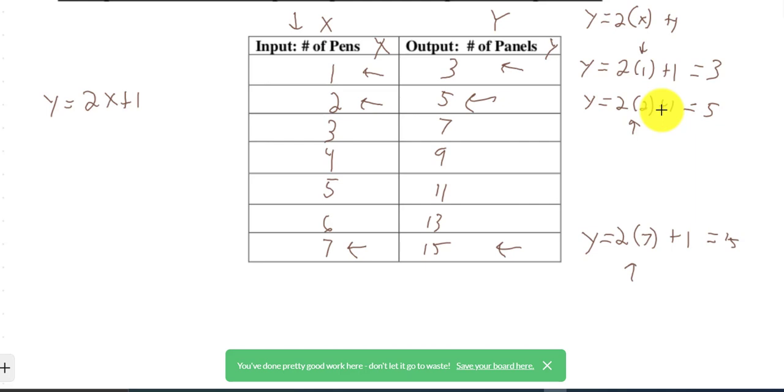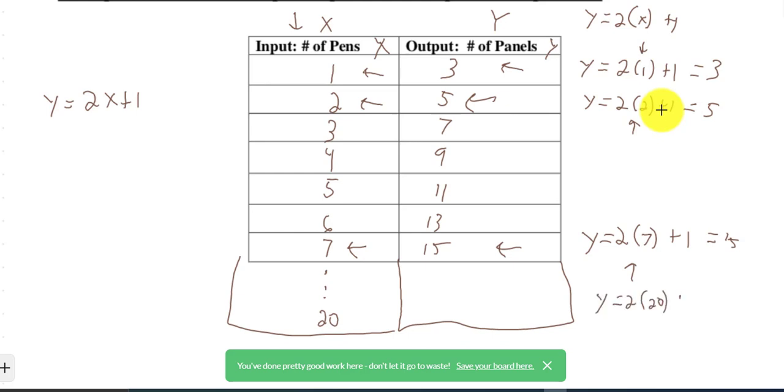What would my value be for the number of panels? I would enter y equals 2 times 20 plus 1, which is 40 plus 1 is 41. So I would need 41 panels to house my horses.